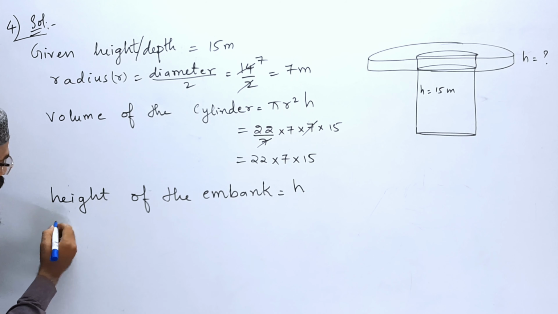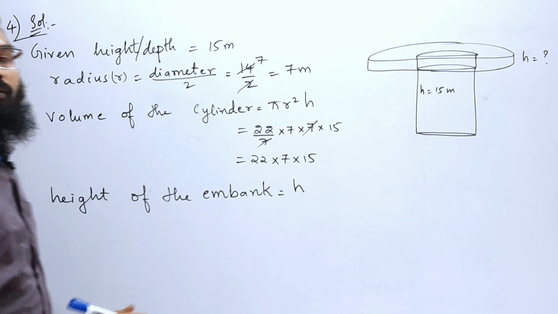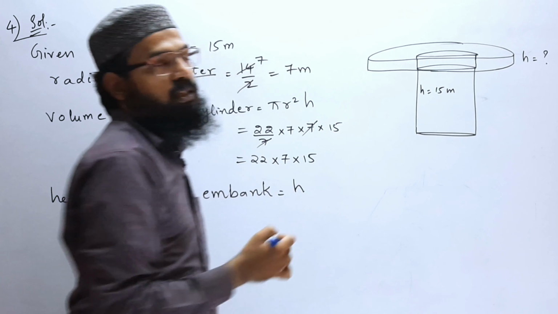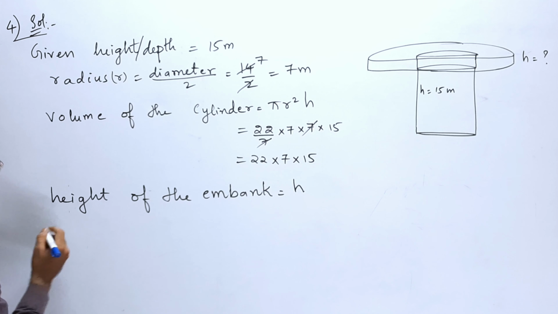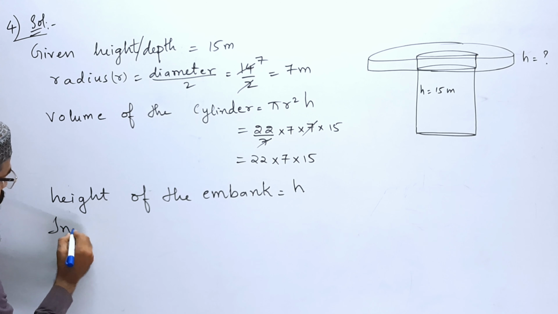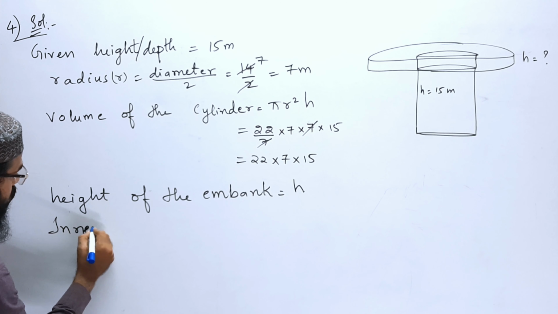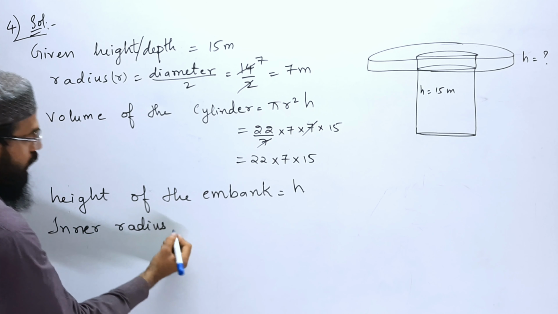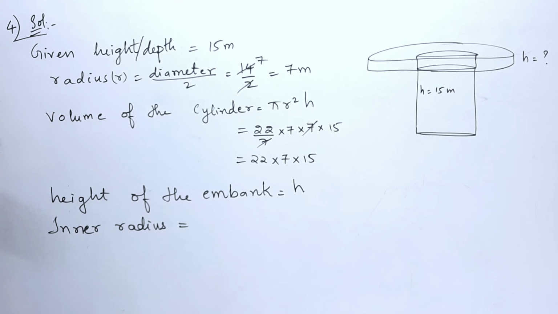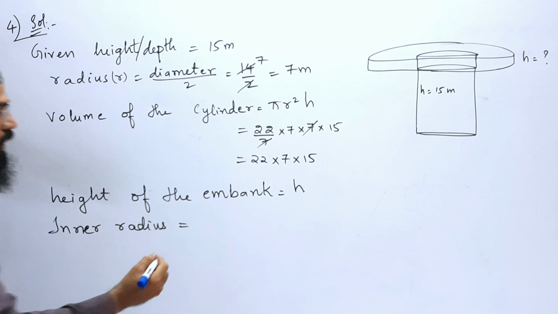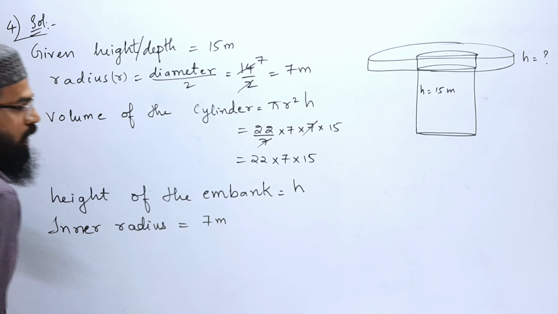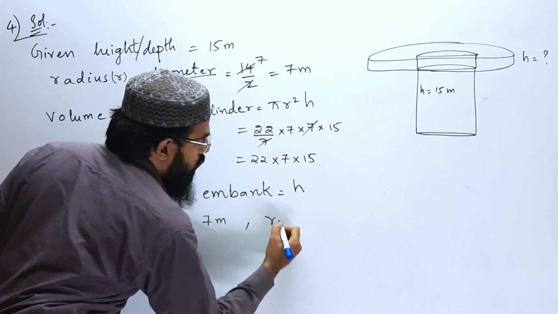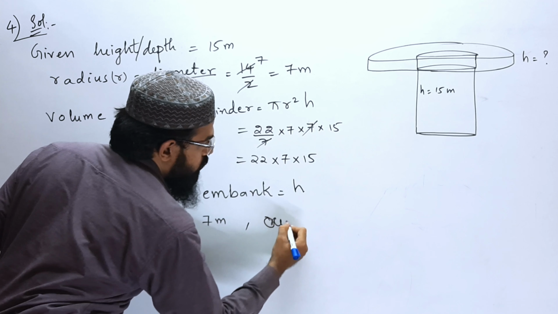Next, we are having two circles. One is a bigger circle and the other one is a smaller circle. So let us write inner radius. Inner radius will be the radius of the well, that is 7 meter, and the outer radius.